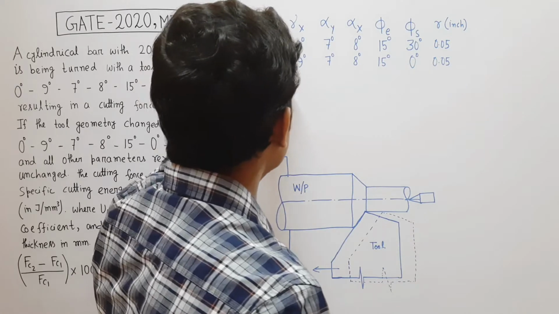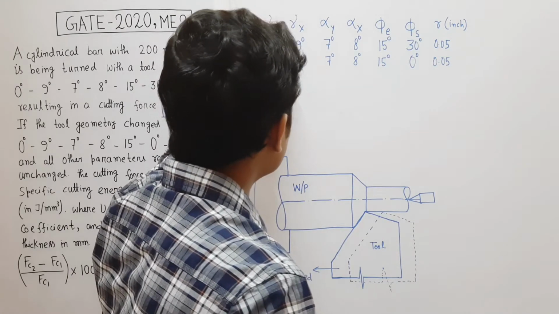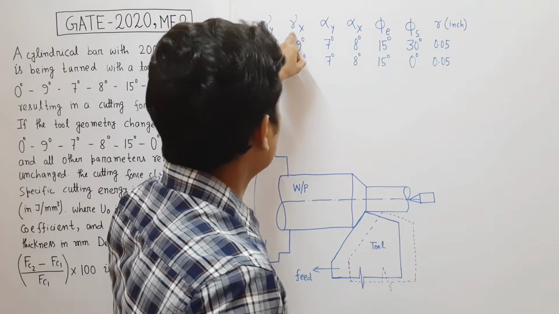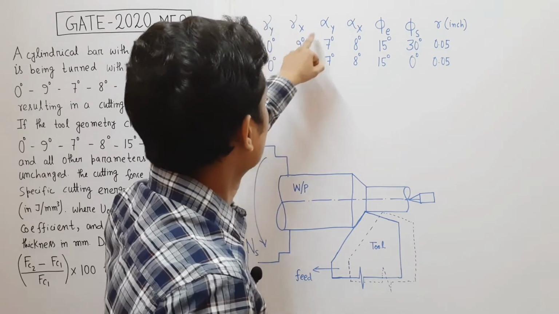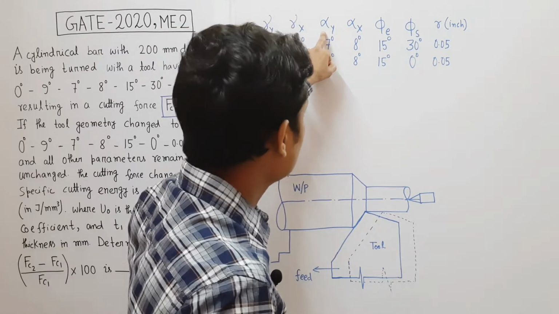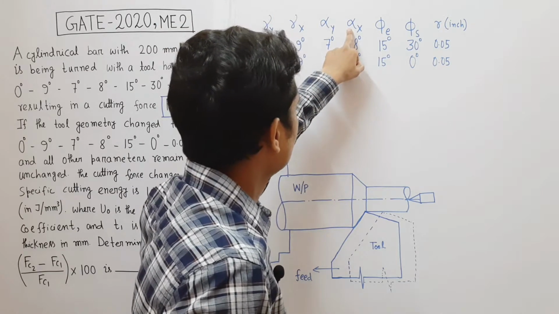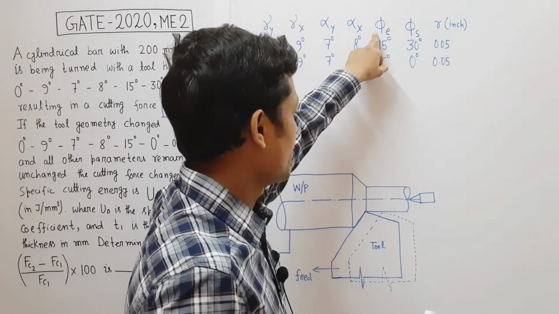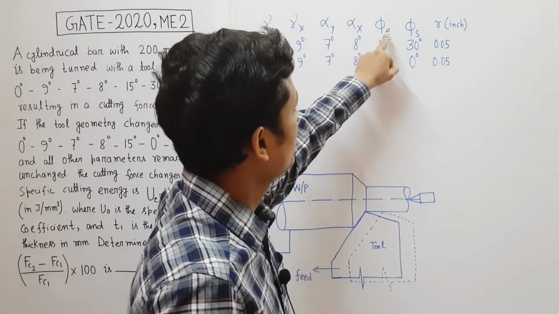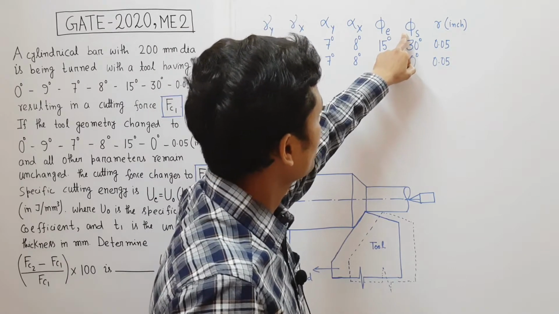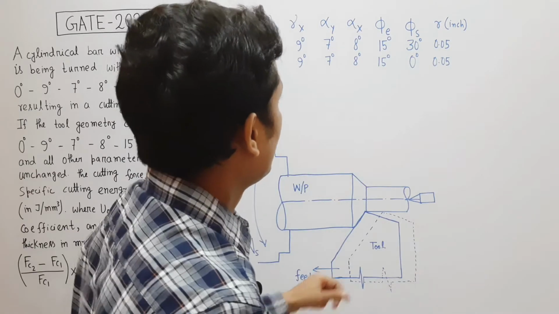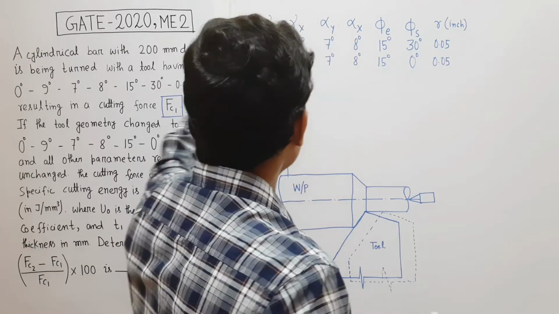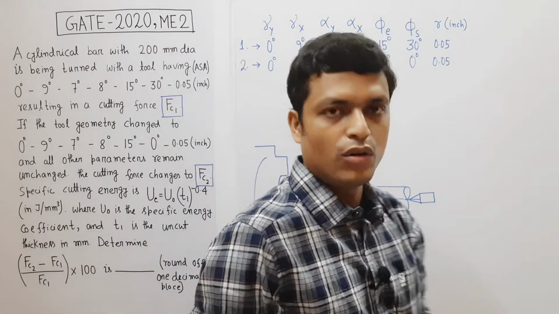What is the designation of ASA system? The first one is gamma y, that is back rake angle, gamma x is side rake angle, alpha y is back clearance angle, alpha x is side clearance angle, phi e is end cutting edge angle, phi s is approach angle and r is nose radius, and we have put the two tools below that.